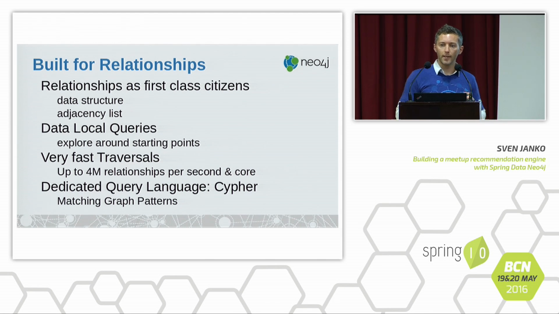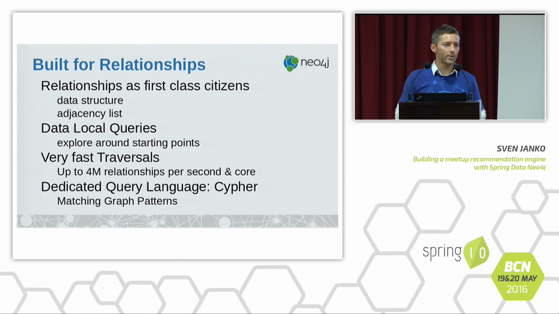Okay, as I said, the graph database is very fast when it comes to traversing relationships, and that's why the relationships are your first-class citizens in your database. And I also said that it's very fast when you have your entry point and then traverse your data, and that's when it's much better than a relational database.